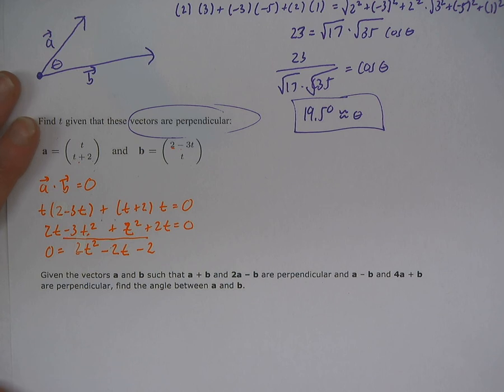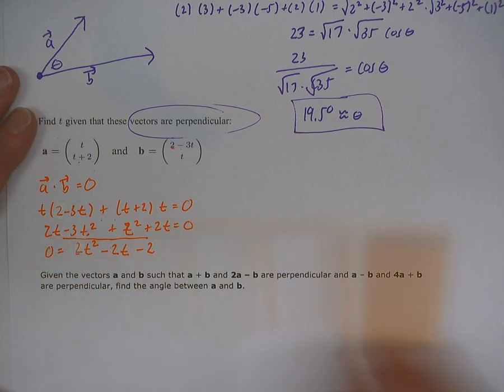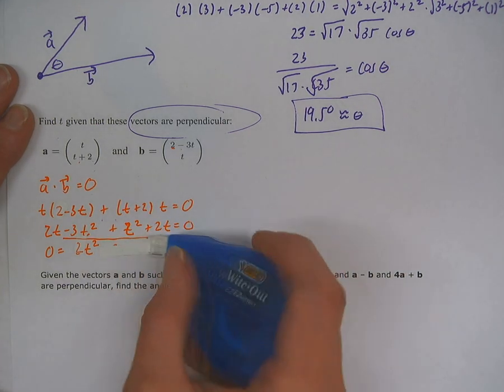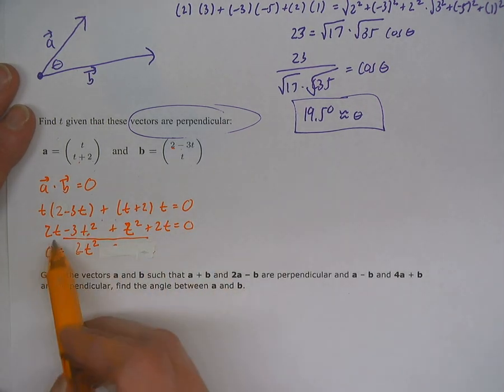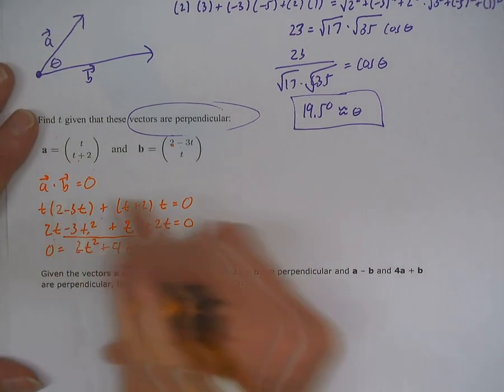Oh, what did I just do? I did not add like terms correctly. I got a 2t and a 2t, that's 4t.